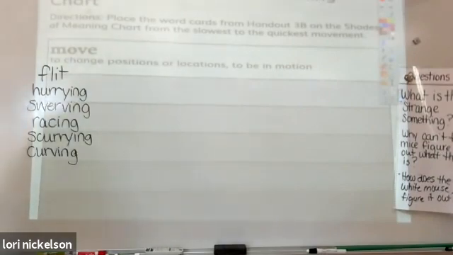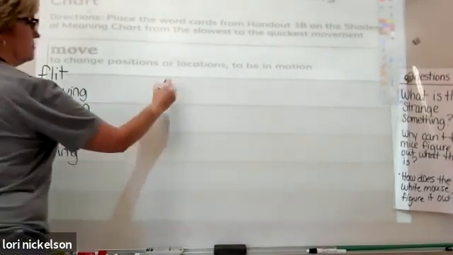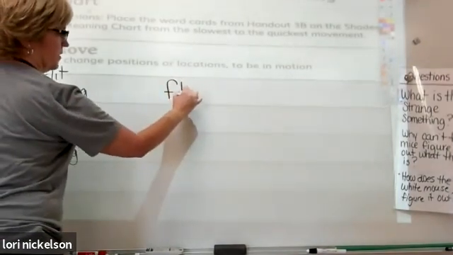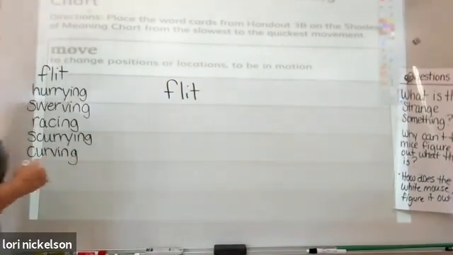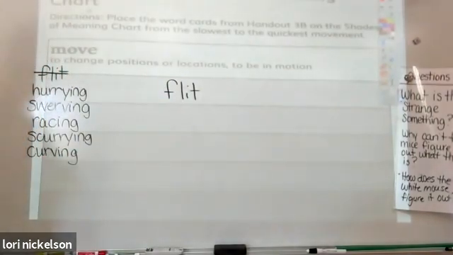So let's think about our words. Which movement there was the least? Probably flit, right? So I'm just going to put it in the middle of our gray band there. So I'm going to take flit off. So what would be our next word that would show another movement? Curving or swerving? Yes.